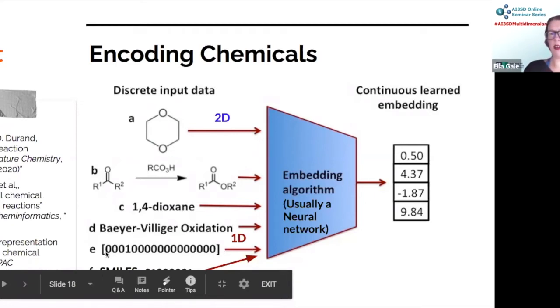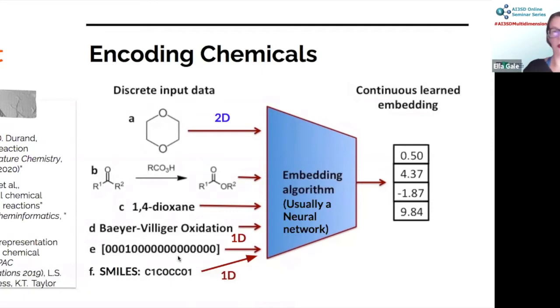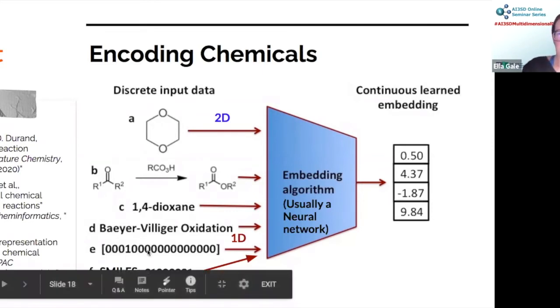This could be something like an RDKit fingerprint or something like that, or what's called tokenized inputs. I don't want to go too much into that, but as a list of numbers, this can be a one-dimensional input. At the risk of confusing slightly, I think that's 16 numbers. You could say that's a point in 16-dimensional space.